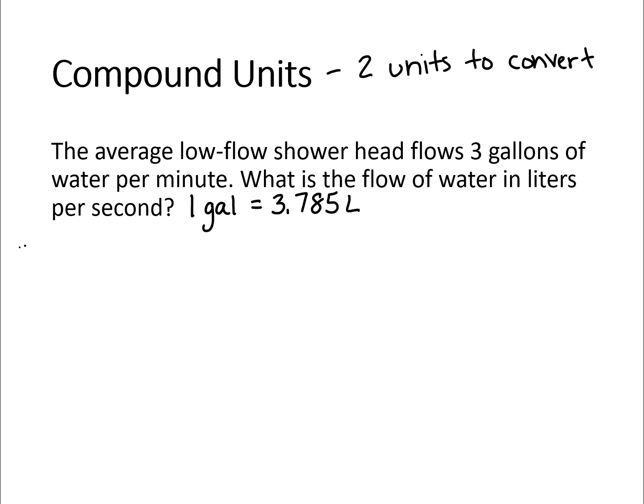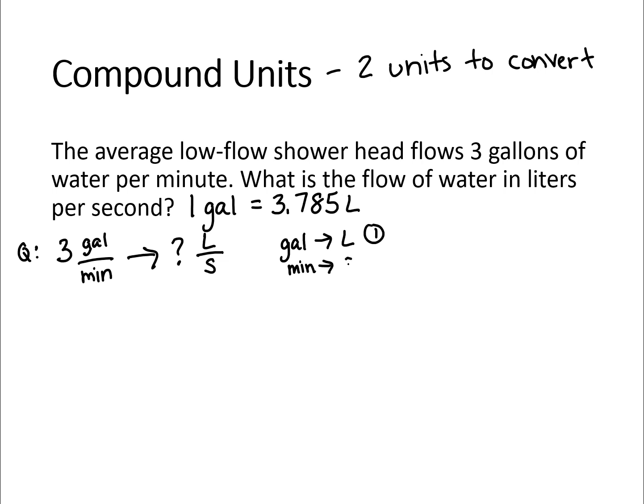So we're taking 3 gallons per minute, and we want to know what that is in liters per second. So we have to change the gallons to liters, and then we have to change the minutes to seconds.